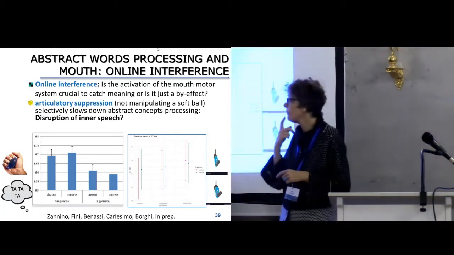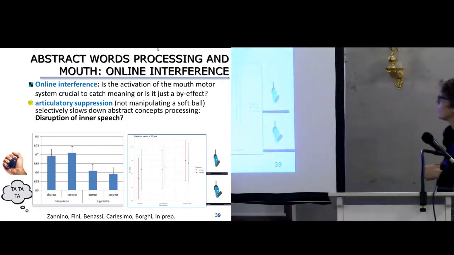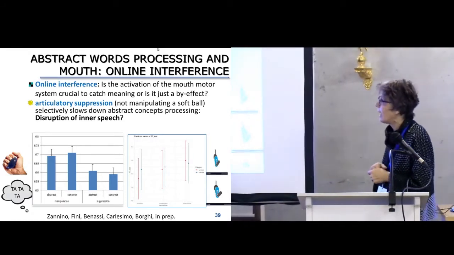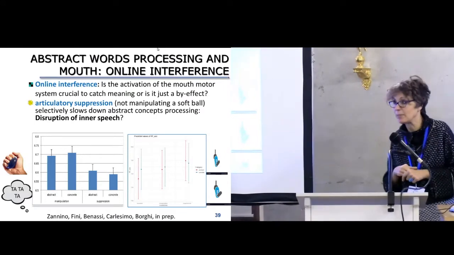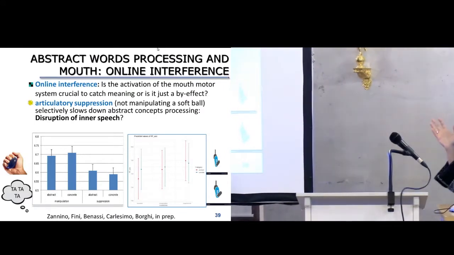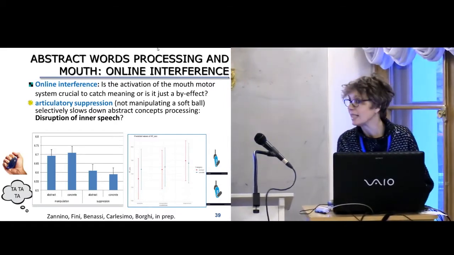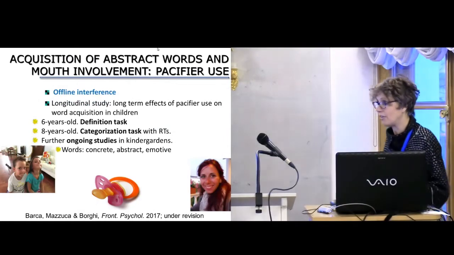In another case they had to perform articulatory suppression. We wanted to investigate whether articulatory suppression disrupted inner speech, so to say, and led to higher difficulties with abstract concepts. And this is the case. We have to perform further controls on this study, but it seems that there is this online interference.